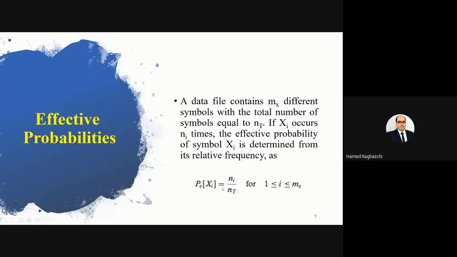We can define the effective probability using this formula: ni divided by nt, the size of the data file. ni is the number of occurrences of xi.